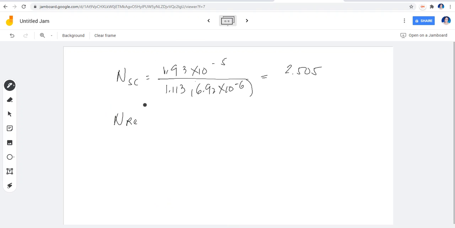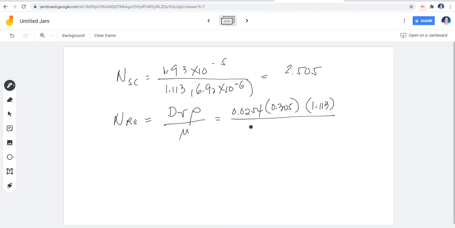So our Reynolds number is, of course, the diameter, the density, and the velocity divided by the mu. And if I will substitute the value, the diameter in this case is 0.0254, the velocity is 0.305, and we have the density, which is 1.113, and the mu, which is 1.93 times 10 raised to negative 5.